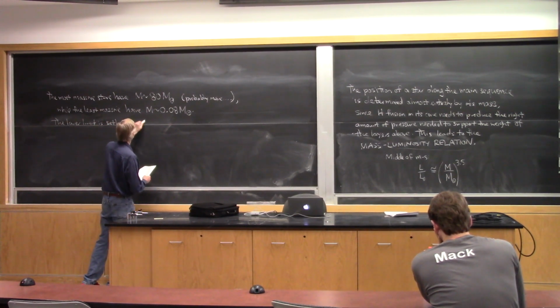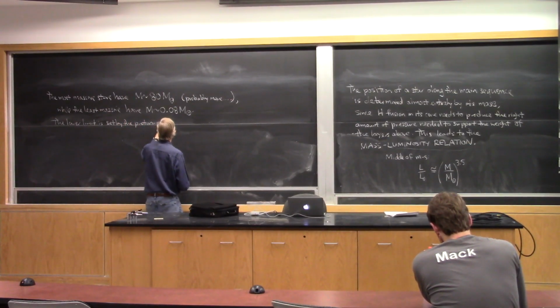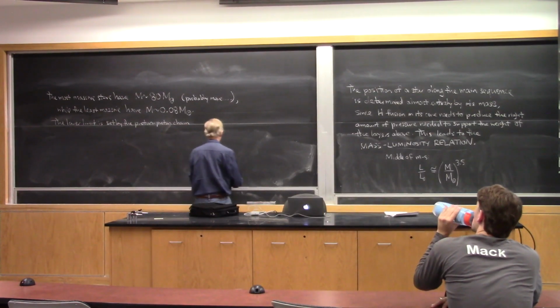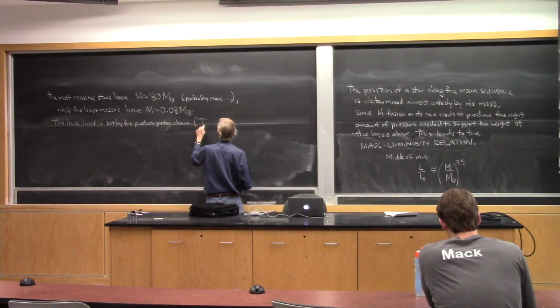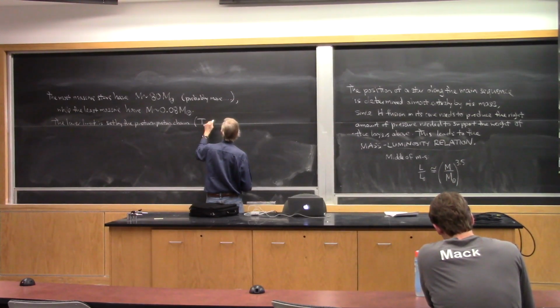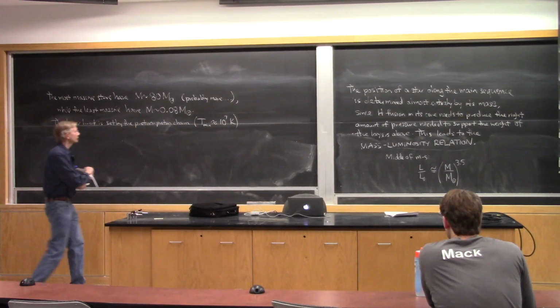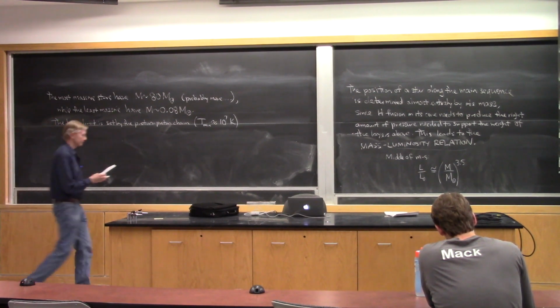And again, we'll talk about that in more detail later. And for that, you need a minimum temperature of about 10 to the 7 Kelvin. And only for masses above about 0.08 solar masses do you get there.